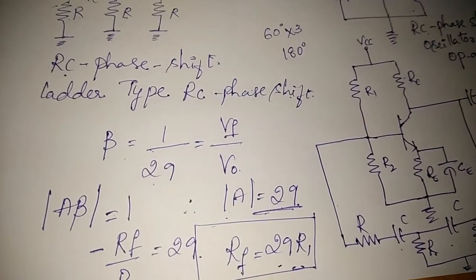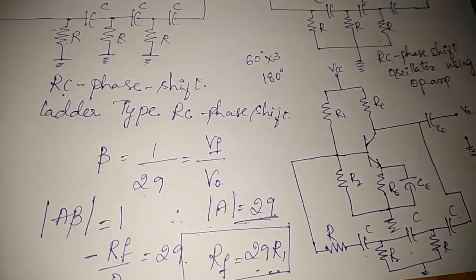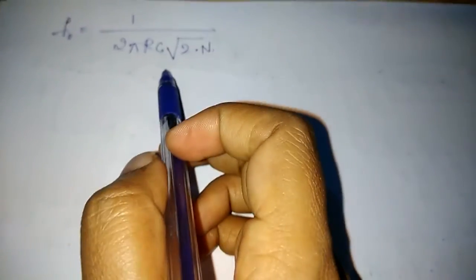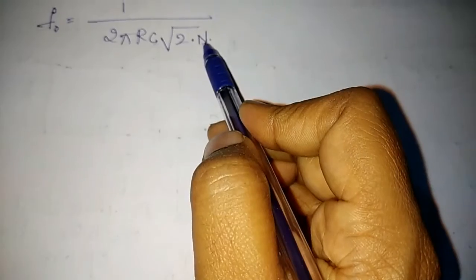So the frequency of oscillations in case of RC phase shift oscillator is given by F0 equal to 1 by 2 pi RC root of 2N. Okay, so this is the equation to find the frequency of oscillations, where N represents the number of RC sections.